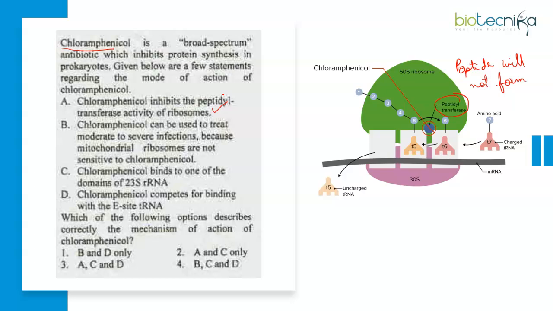This statement A is correct. Now, how does chloramphenicol do it? Because chloramphenicol binds to one of the domains of 23S rRNA. It is in the 23S rRNA of the larger ribosomal subunit which has this peptidyl transferase activity. So chloramphenicol binds to one of the domains of 23S rRNA and it will stop the peptide bond formation. So this statement C is also correct. So the answer is A and C only.